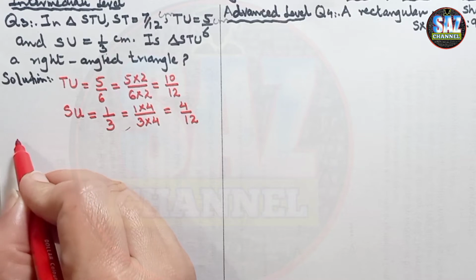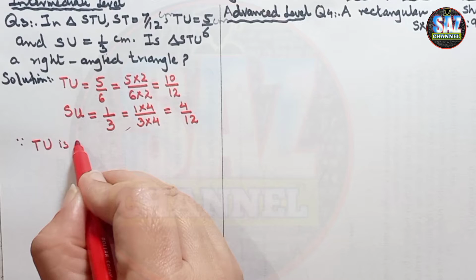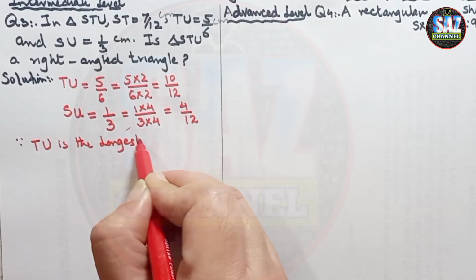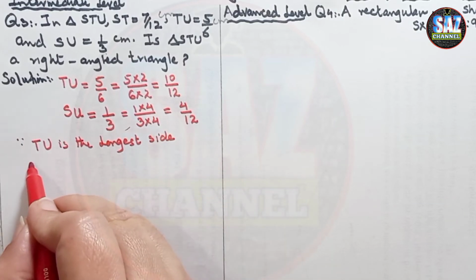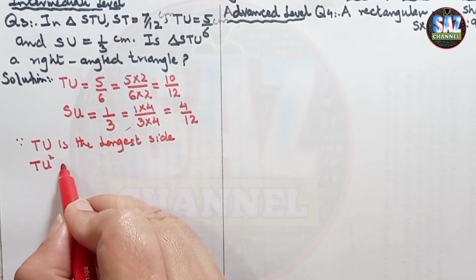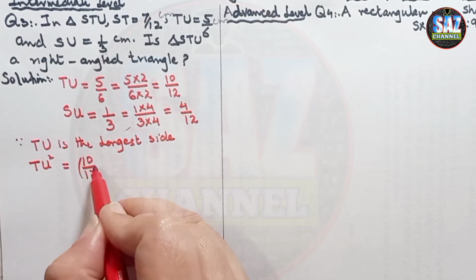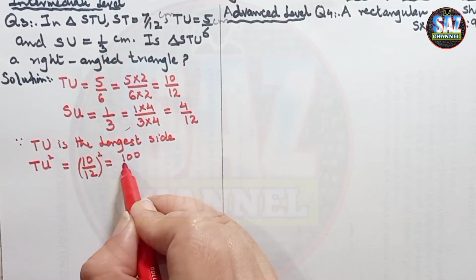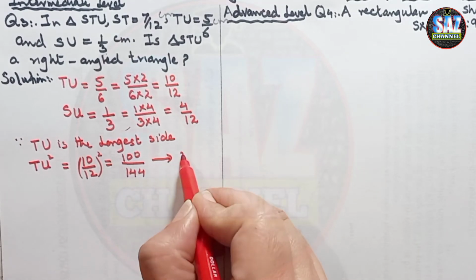Because TU is the longest side, please recall the previous lesson and practice it well so that you can understand the new lesson easily. I have to take the square of 10 by 12, and it will become 10 square is 100 and 12 square is 144. Let me mark this answer.